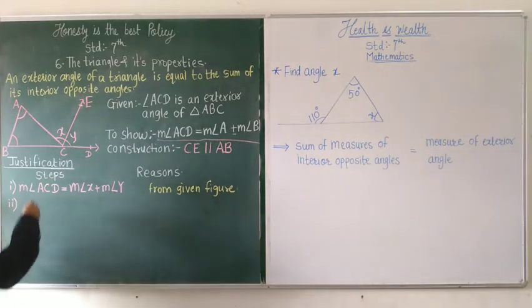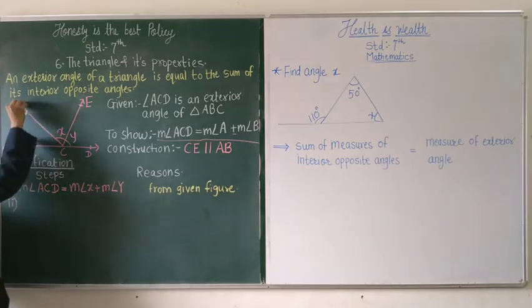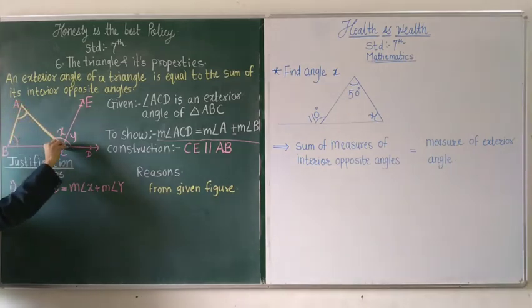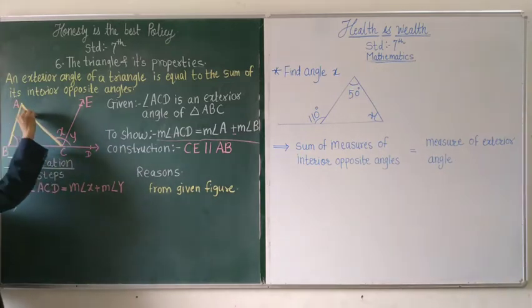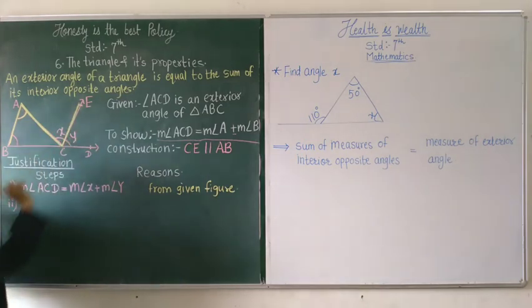You can see this angle A, and the nearby angle is X. So you can see this angle A and angle X form a Z shape. That means they are alternate angles.